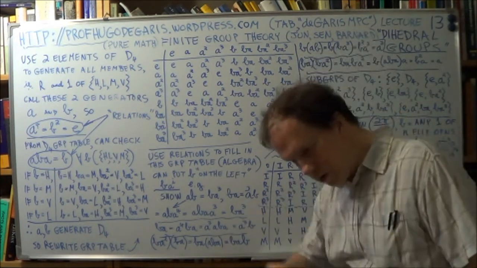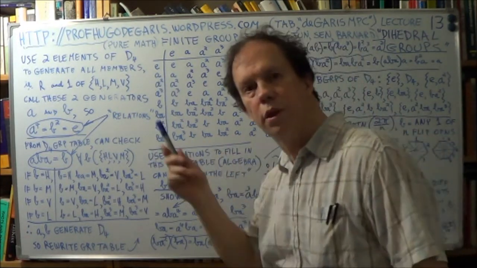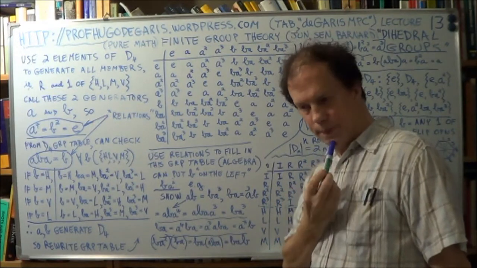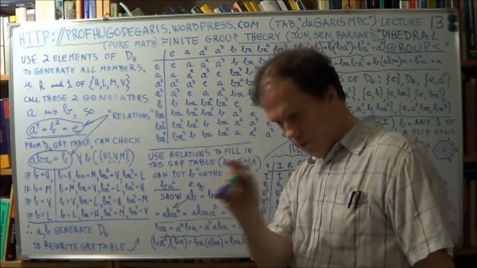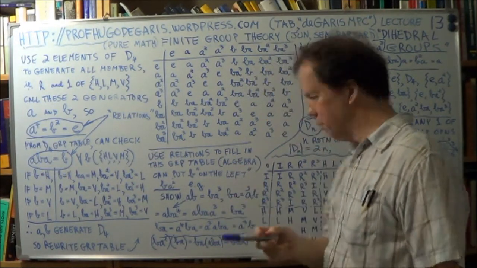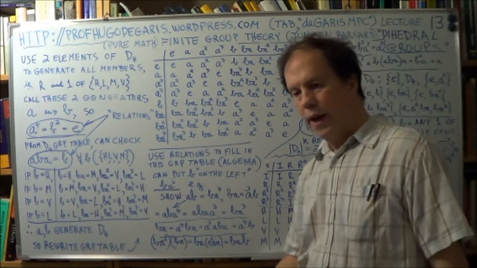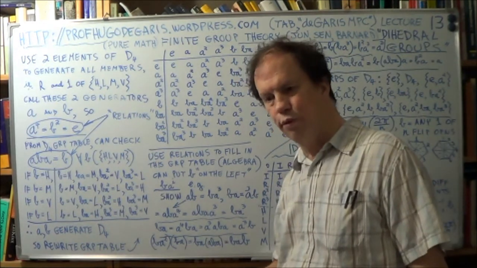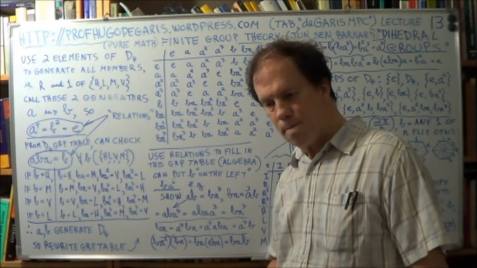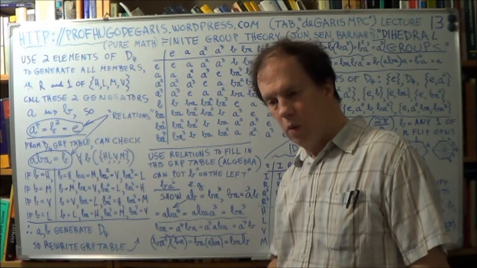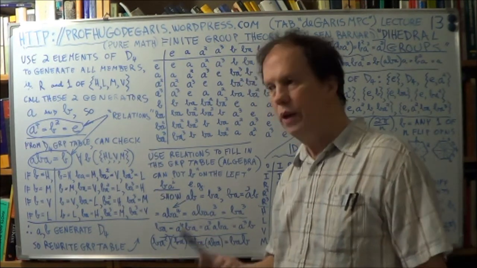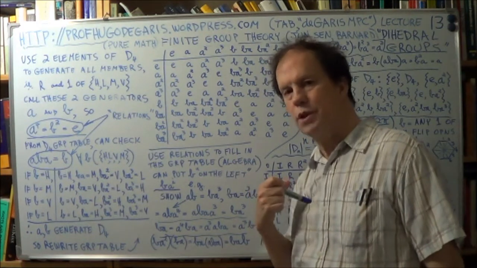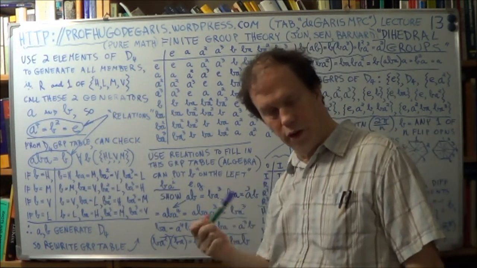And once you think you've listed all possible subgroups of D of n, how do you know you've got them all? So is there some kind of proof that you've got them all? Well, we are one lecture away from one of the most famous proofs in the whole of group theory.